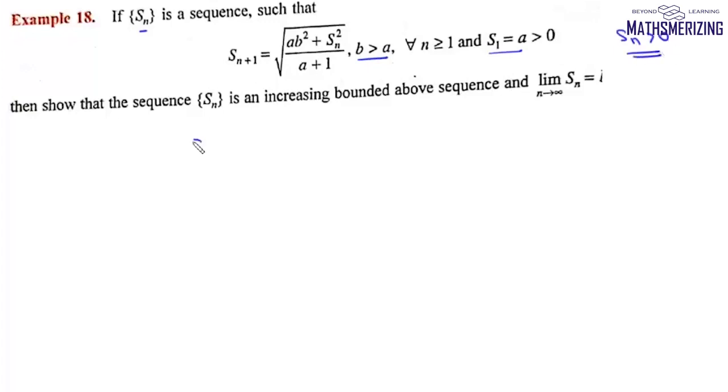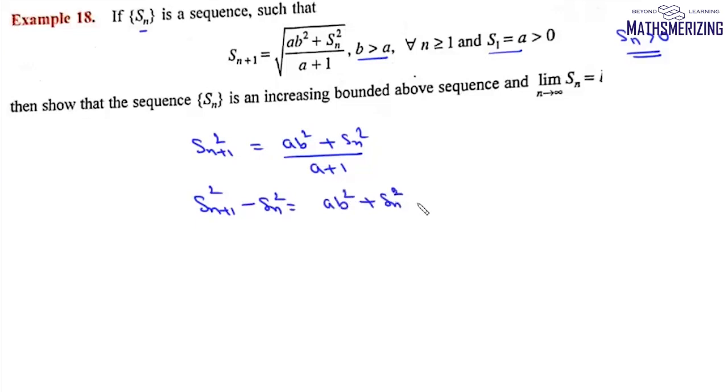Now we square this one, we can write Sₙ₊₁ square will be (AB square plus Sₙ square) upon (A plus 1), and if we write Sₙ₊₁ square minus Sₙ square, it will be simply (AB square plus Sₙ square minus A Sₙ square minus Sₙ square) upon (A plus 1).